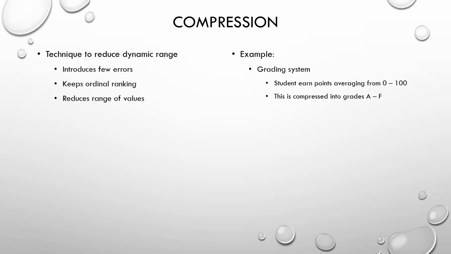So everything between 80 to 89 is compressed to a B, and essentially is an 85, and everything below, say 59 or 69, is considered an F, which is a very large range to be compressed into. But the idea is not to get you worried about grades here, but to talk about how compression can work, moving points into a different system.